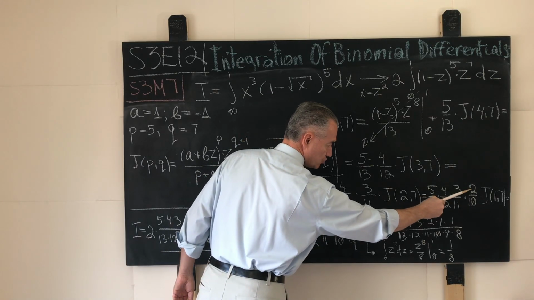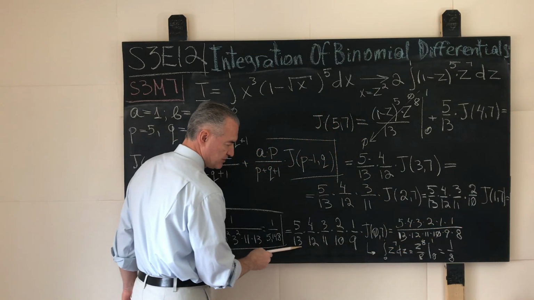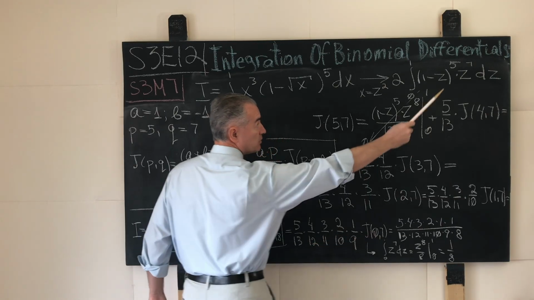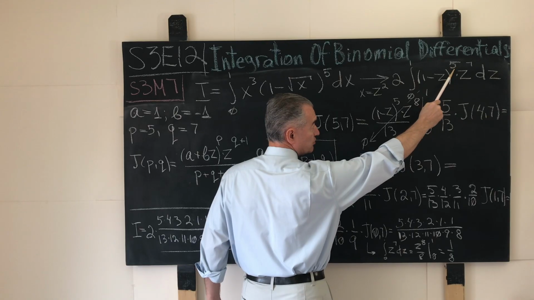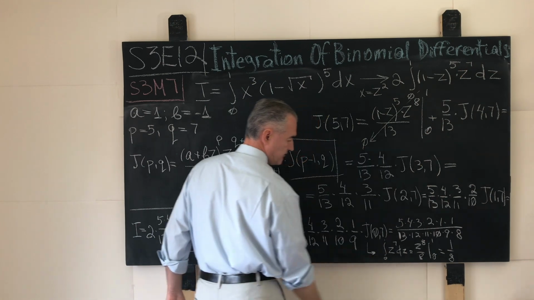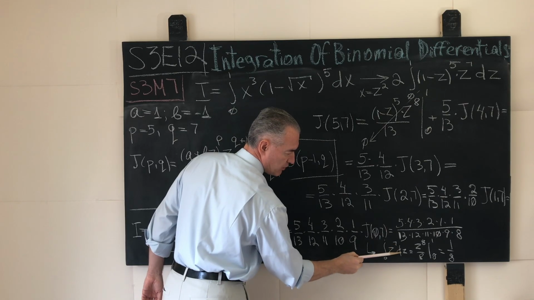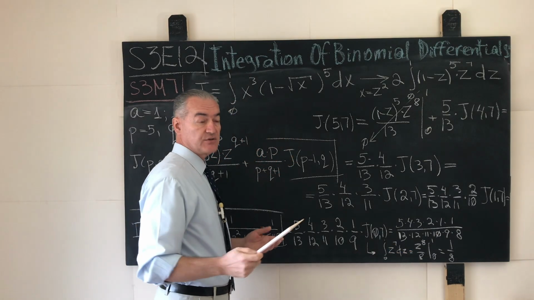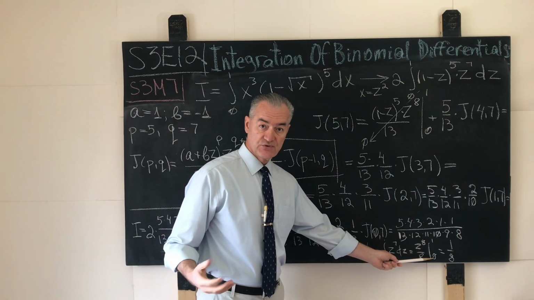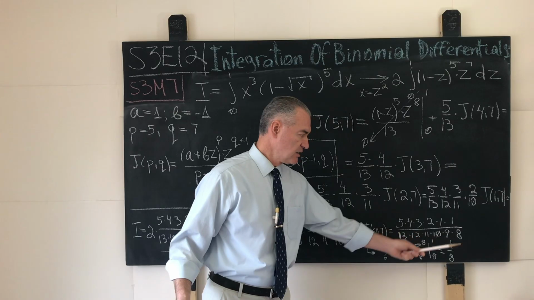We keep rolling, we have 2 over 10 as a factor, but now J is 1 over 7. And once we repeat this whole exercise, the last terminal case will be J 0 over 7. But instead of 5, we put 0, what do we get? We get the integral from 0 to 1 of just z to the 7th dz. This is a trivial case: z raised to the 8th power over 8 between the lower boundary of 0 and the upper boundary of 1, 1/8. We put 1/8 over here, game over.